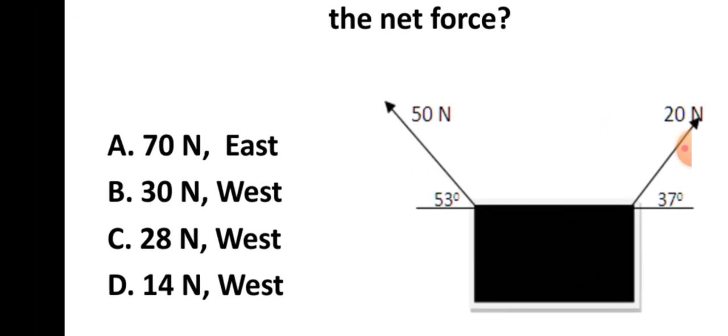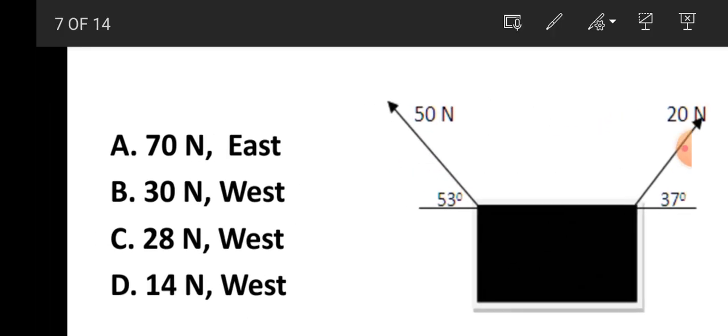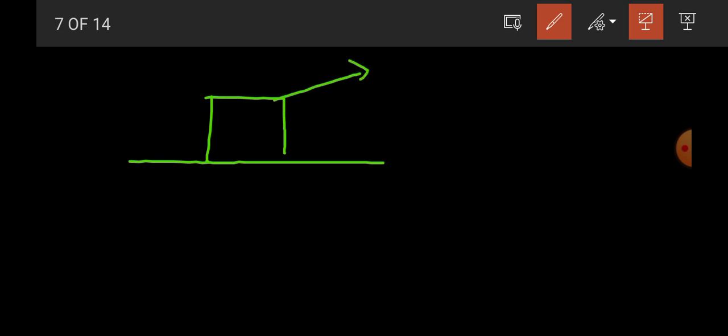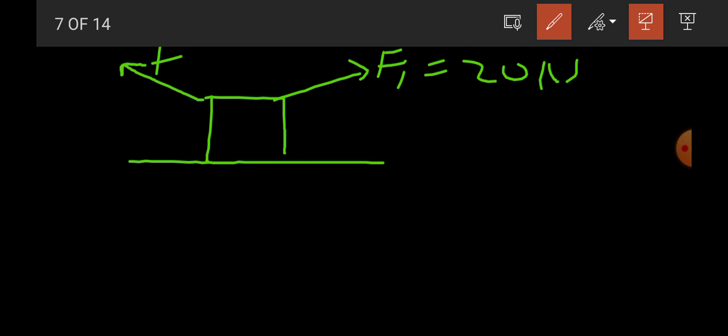To find the x component force, what should we do? Let's draw the figure. Here is force 1, 20 Newton, and force 2, 50 Newton. Here there is 53 degree, sorry, here there is 37 degree.